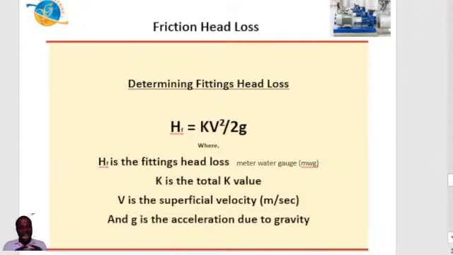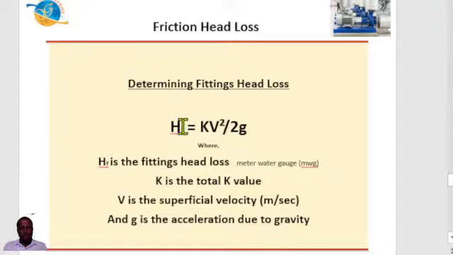Now, determining the fittings head loss. Don't forget, I mentioned that the frictional head loss is the sum of the fittings head loss and the straight run head loss. Now, taking fittings head loss first. The fittings head loss is calculated by what is known as the K-value method.